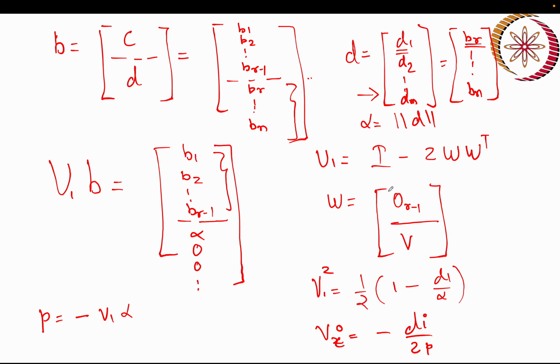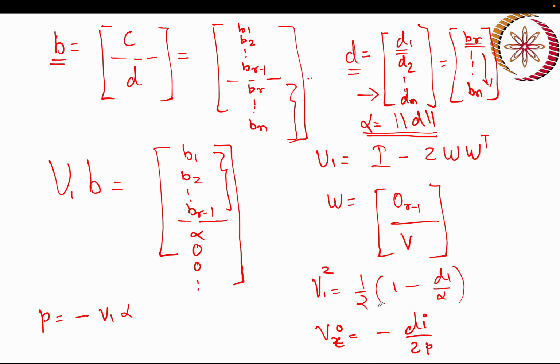So you can see the procedure. If we have this b matrix, we can get the d matrix, which has nothing but these components, and once we know this d component, we can compute the magnitude of this d vector, which will be the alpha.